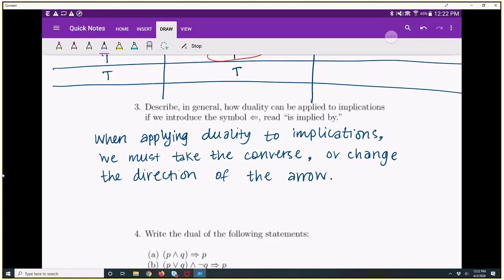So we introduce this new arrow, which is the backwards arrow, and we read, instead of P implies Q, this would be P is implied by Q.